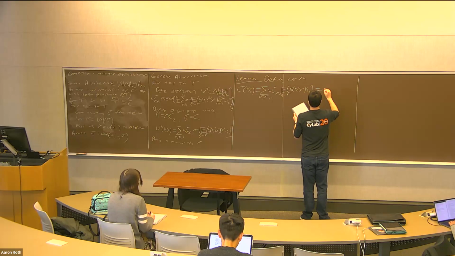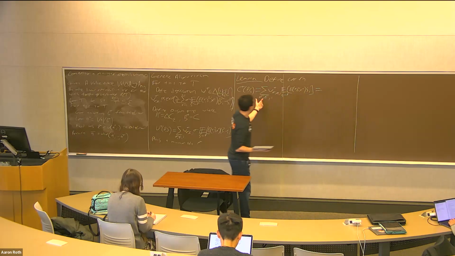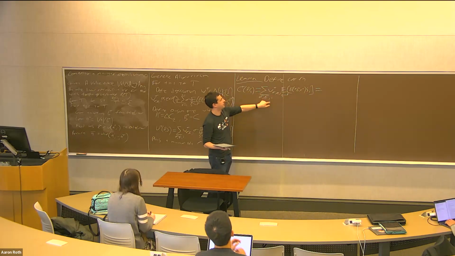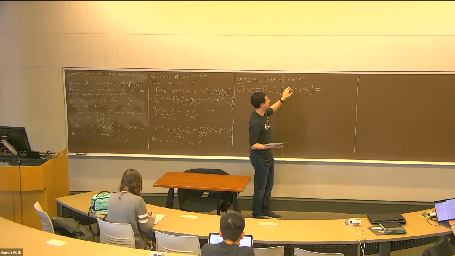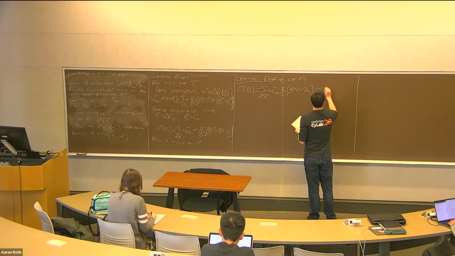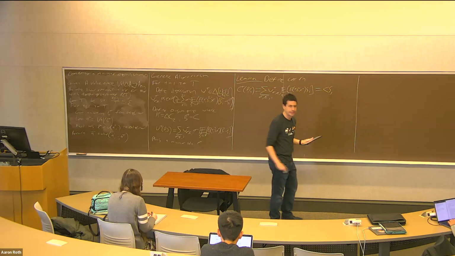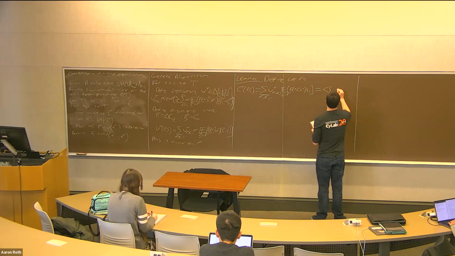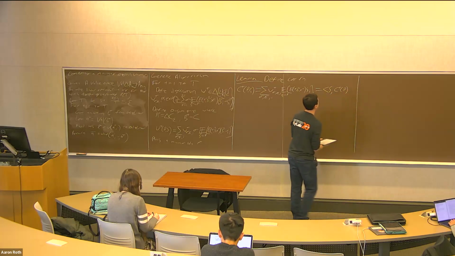Since this is, among other things, the sum over i of something times S_i, it can be written as the inner product of S, the vector chosen by the adversary, and some cost vector C_T that I'm going to write down in a moment.